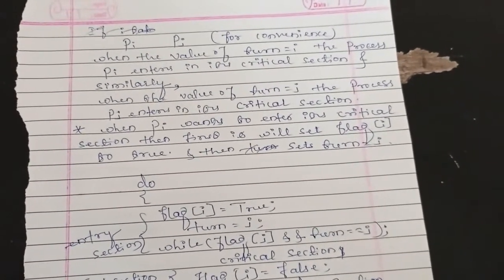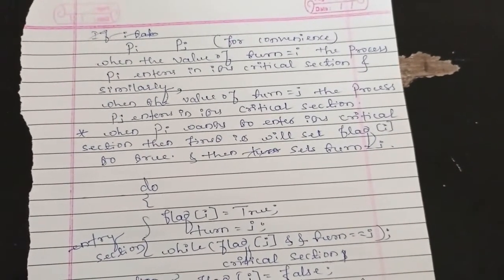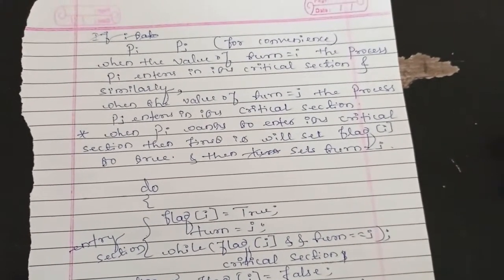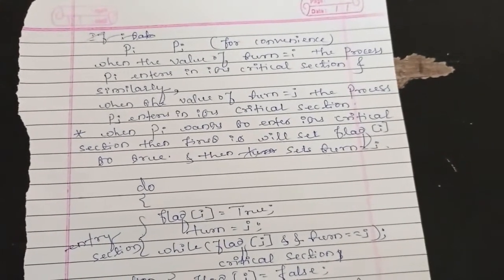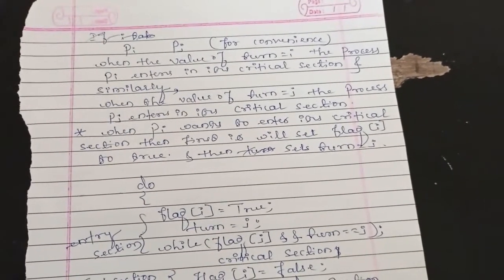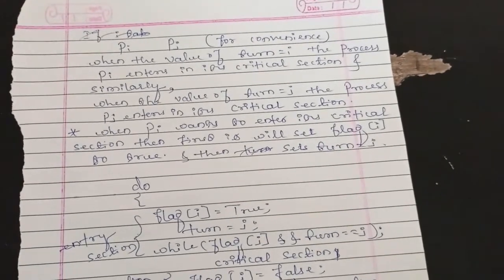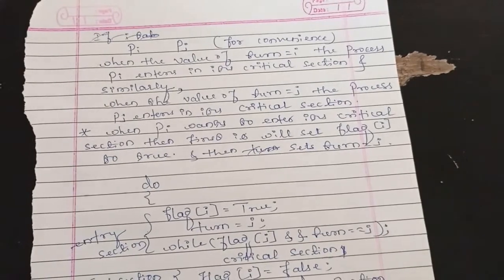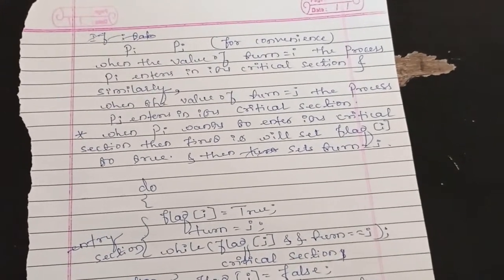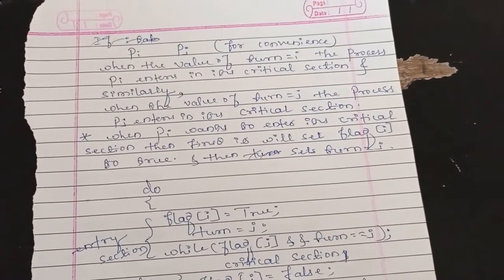Now when the value of turn is equal to i, then the process Pi is going to enter its critical section according to the algorithm of Peterson's solution. Similarly, when the value of turn is equal to j, then the process Pj is going to enter its critical section.